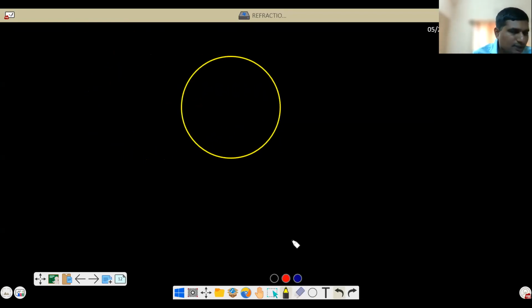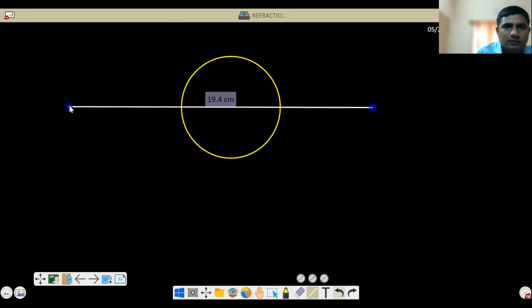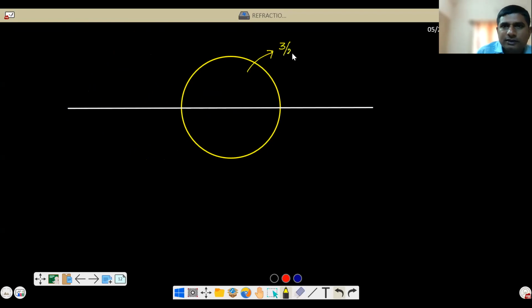Previously, we have taken this as the principal axis, correct or not? Previously, this was a glass sphere made of refractive index 3/2 and radius of curvature 5 centimeters, correct?